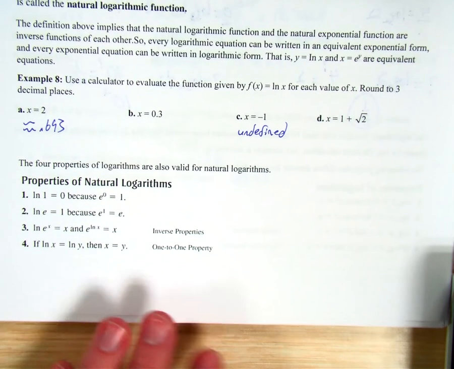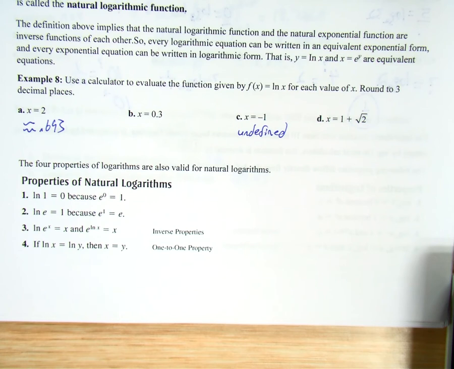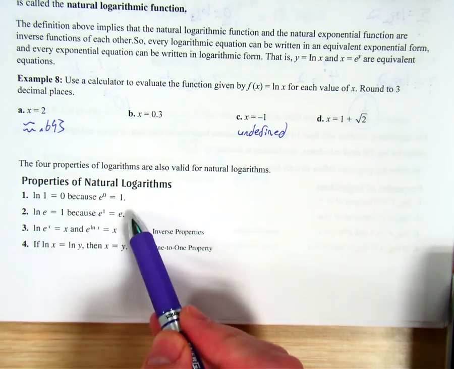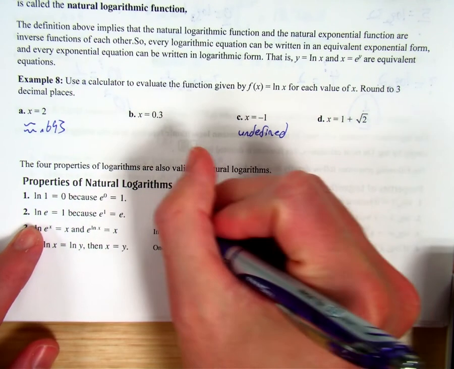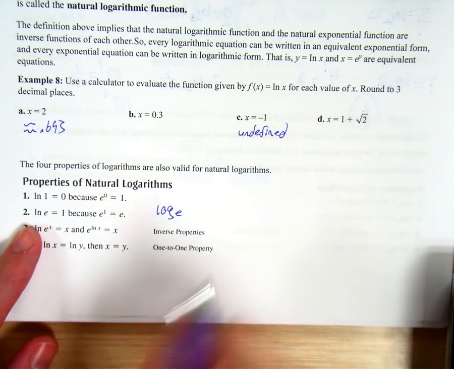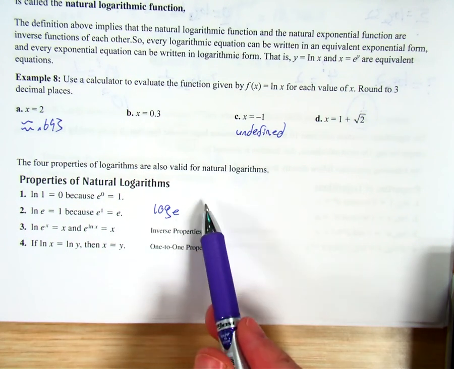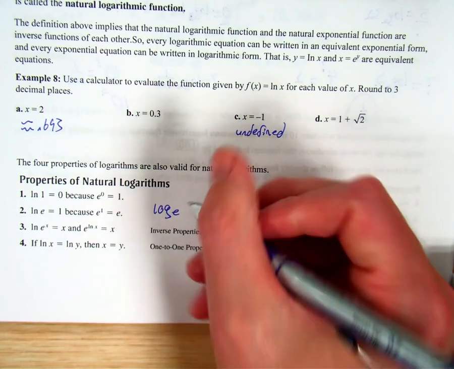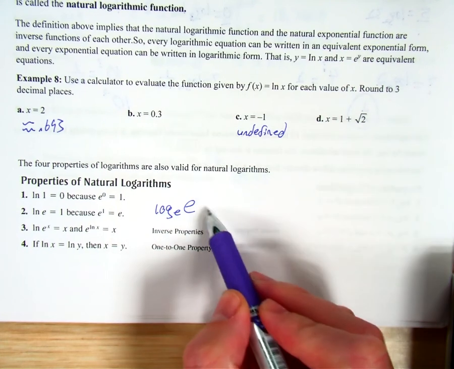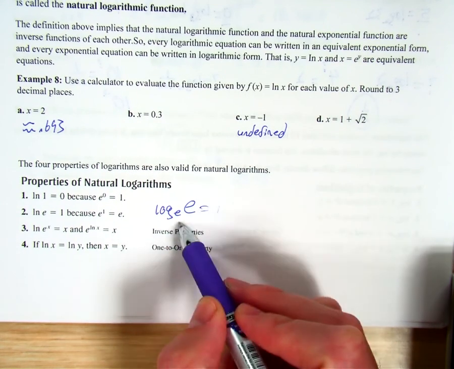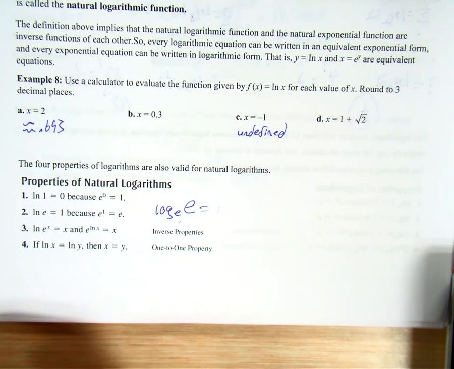Alright, some more properties. Natural log of 1 equals 0 because e to the 0 would give us 1. Natural log of e equals 1 because e to the first equals e. Remember, natural log is log base e. So if you're doing log base e of e, of course it's going to be 1. 1 is the power of e that gives you e.